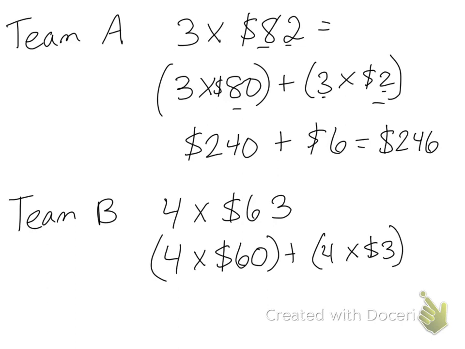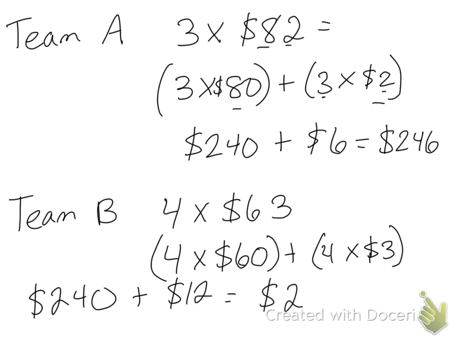So 4 groups of $60 is 240, and 4 groups of $3 is 12. So $240 plus $12 equals $252. So Team B has the most money.